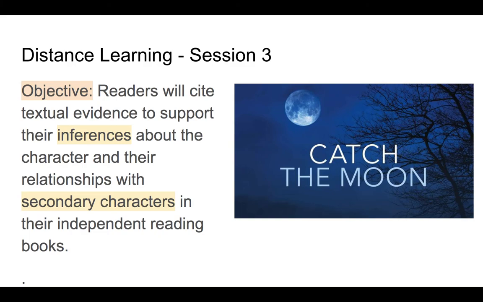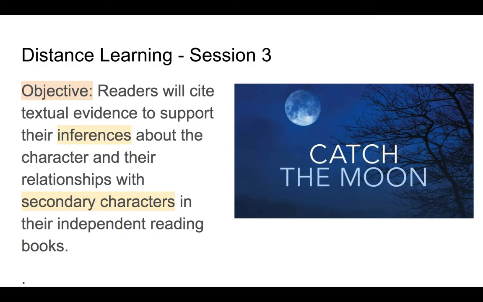But today we're going to be using it to talk about our objective, which is that readers will cite textual evidence to support their inferences about the character and their relationship with secondary characters in their independent reading books.